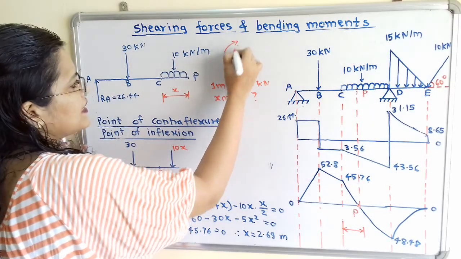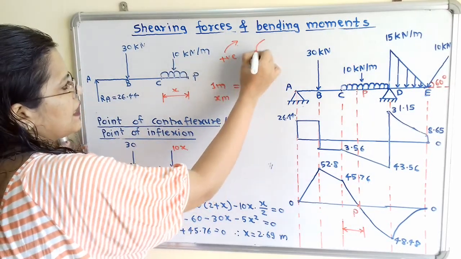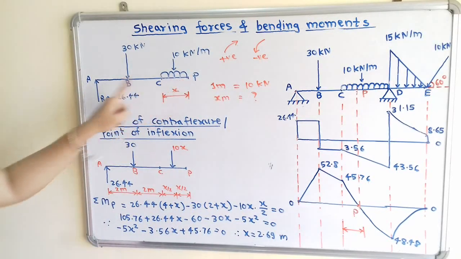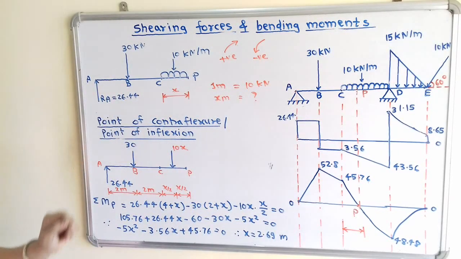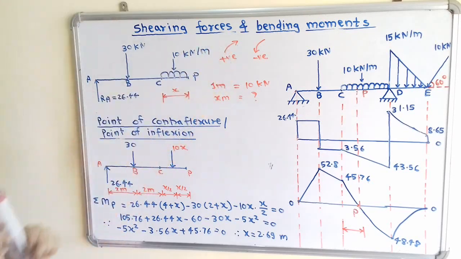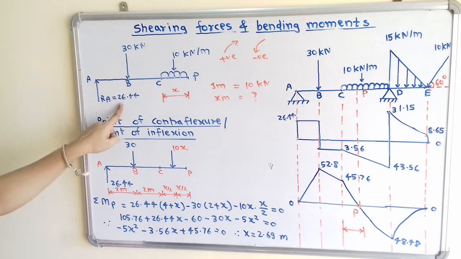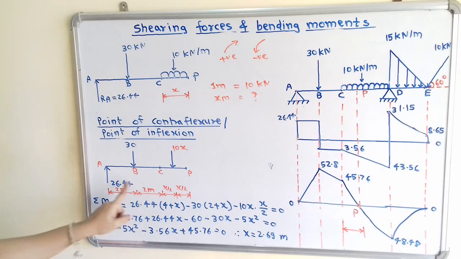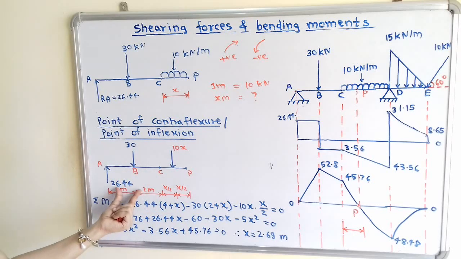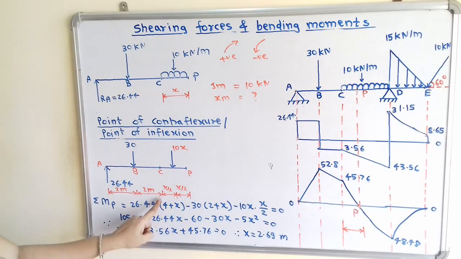So for clockwise direction take a positive sign, and for anti-clockwise direction take a negative sign. Now the first force is 26.44. If I move the compass about point P, then it is in clockwise direction. So we take plus 26.44 multiplied by the distance between A and P. So it is 4 plus x, inside the bracket.